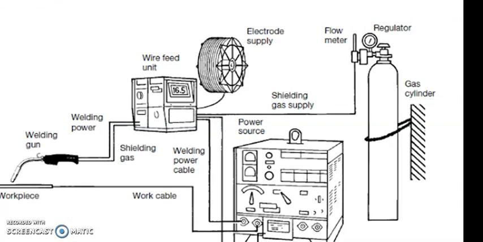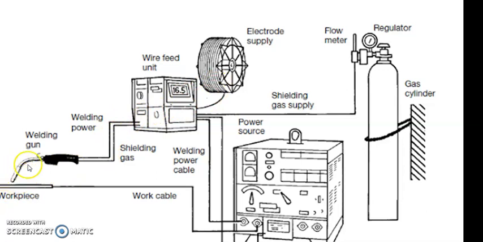So here you can see, first of all we switch on this transformer, and after the current flows, we scratch this metal electrode onto this workpiece so that an arc is produced. When this arc is produced, it diffuses the workpiece along with the metal electrode.